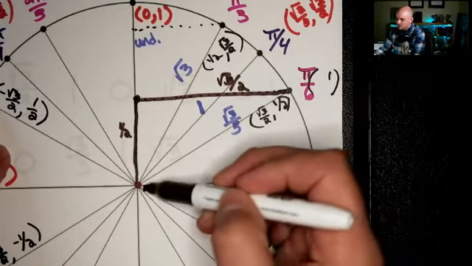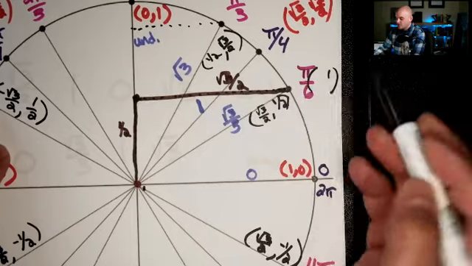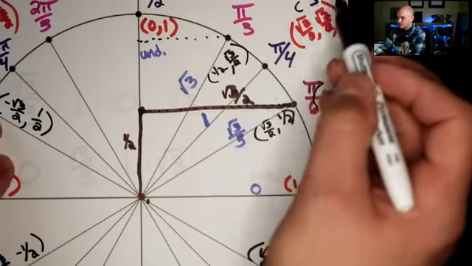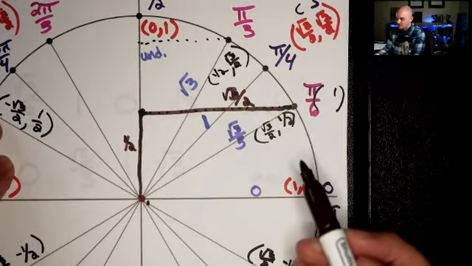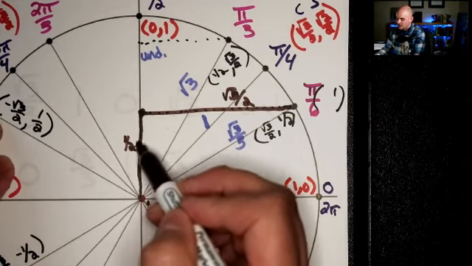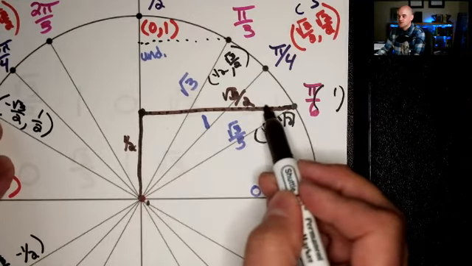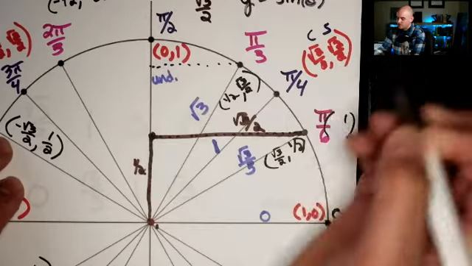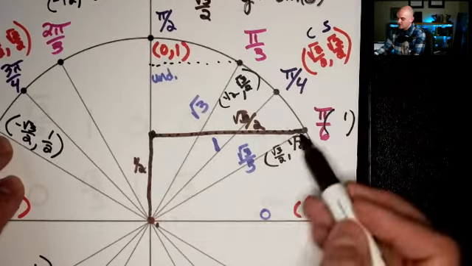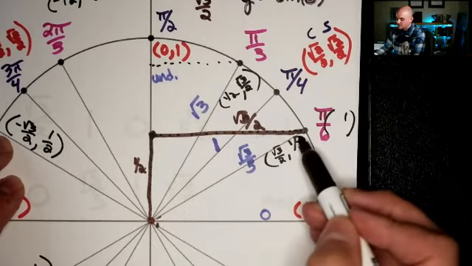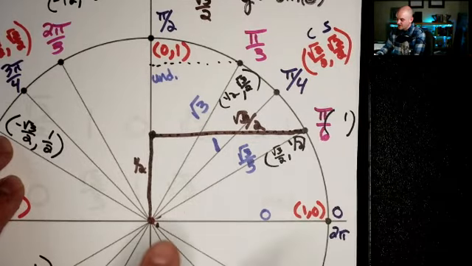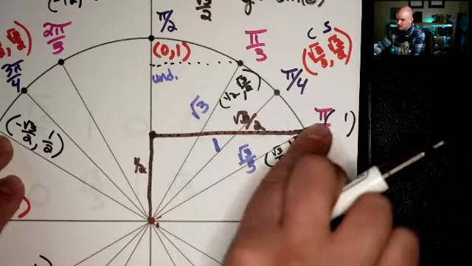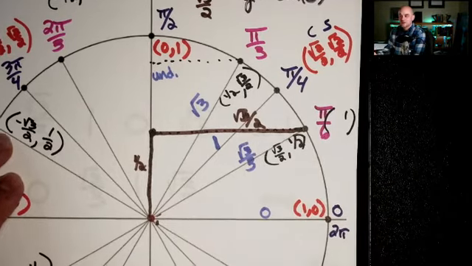My slope is rise over run, which is exactly what I do when I do this whole sine divided by cosine thing. Rise is my sine value. My run is square root of 3 over 2. So 1/2 divided by root 3 over 2, not only is it my tangent, it's my slope of this line. Let me say that again. The slope of this line is the same thing as tangent.